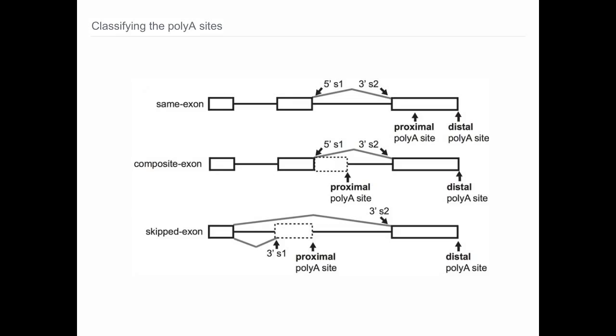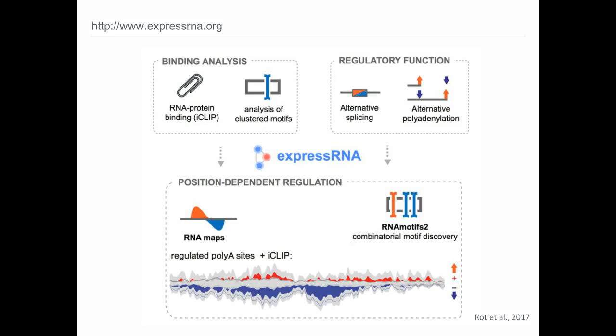Okay, so I'll be happy to take over now. So the next question we wanted to understand is whether the polyA sites that are identified by QuantSeq are directly regulated by specific RNA binding proteins. And really the goal of our lab is not to identify polyA sites, and probably there are better methods than QuantSeq to identify new polyA sites.